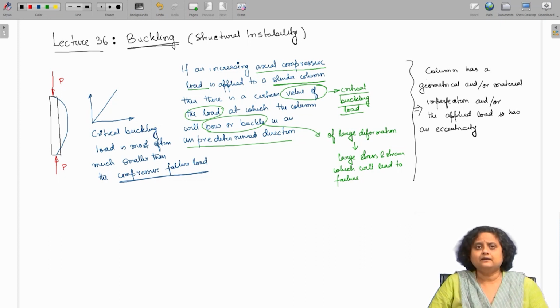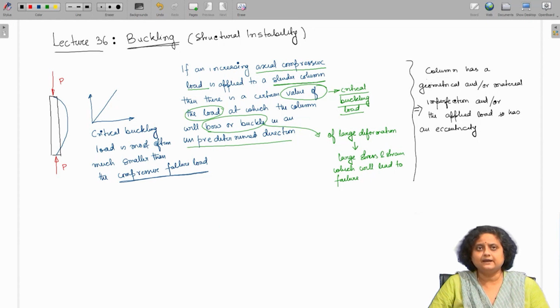Now, in reality, however we try to make a perfect column or to apply the load perfectly through the centroidal axis, it is practically infeasible, because there would be even the slightest form of imperfection either in the geometry or in the material or in the application of the load.